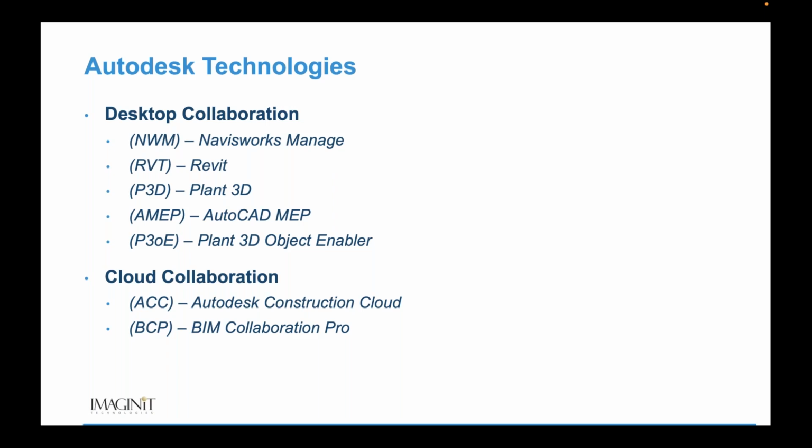We're not going to talk about cloud collaboration in the presentation today beyond just talking about what the tools or the subscriptions are out there in terms of the Autodesk Construction Cloud, the current iteration of Autodesk Cloud Services, and then the BIM Collaboration Pro, which is the tool set that allows us to directly access our building model information with the design software. There's another intermediate piece of software that I didn't put on the screen here, and that's called the Autodesk Desktop Connector.